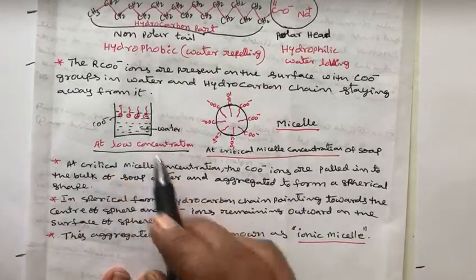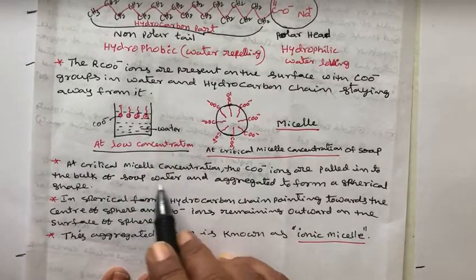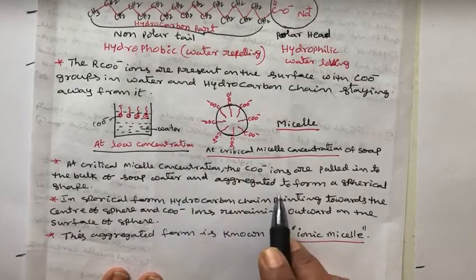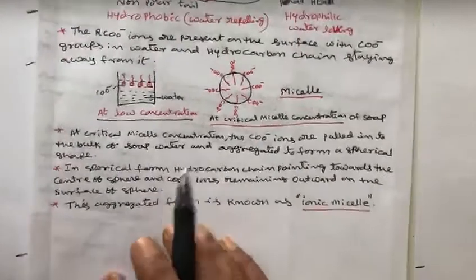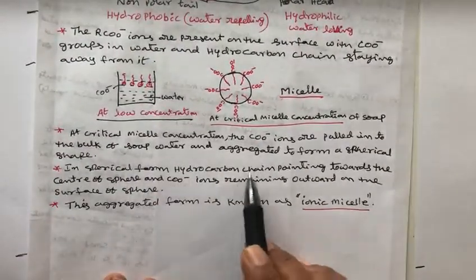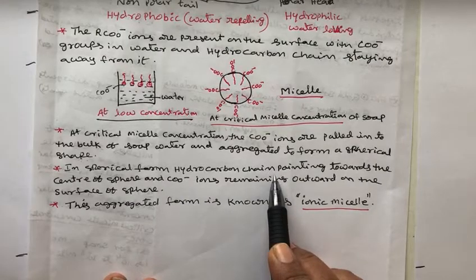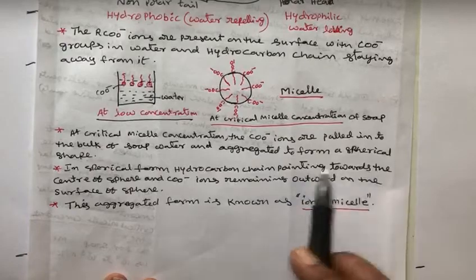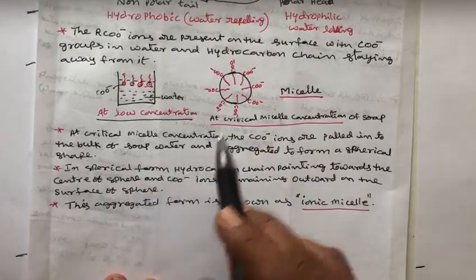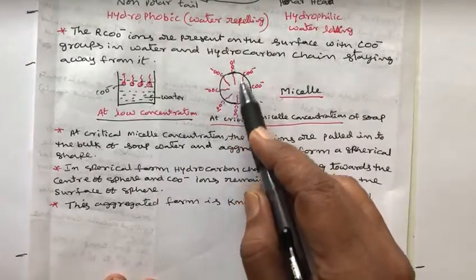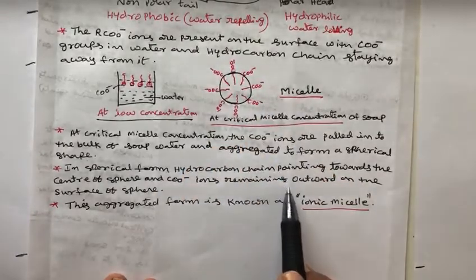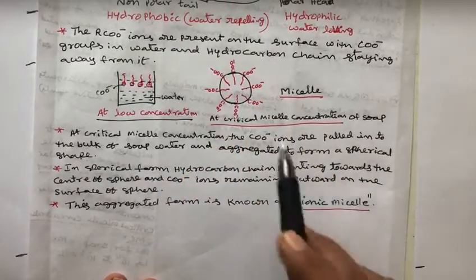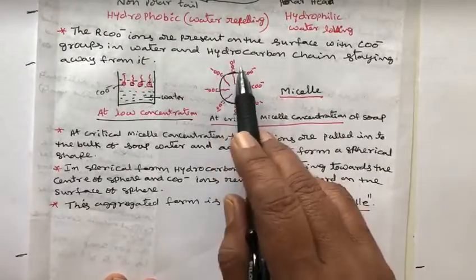All stearate ions are pulled into the bulk of the soap water and aggregate to form a spherical shape. In the spherical shape, the hydrocarbon chain, that is the non-polar part, points towards the center of the sphere, and the COO minus ions remain outward on the surface of the sphere.